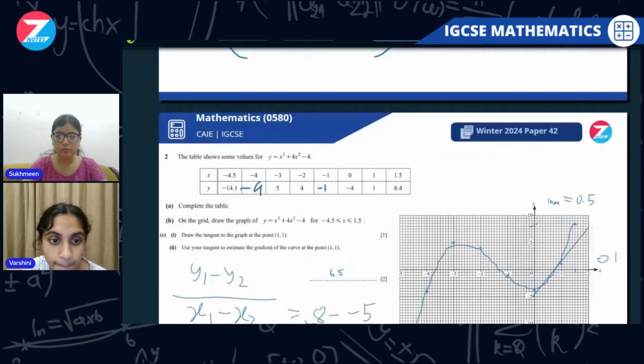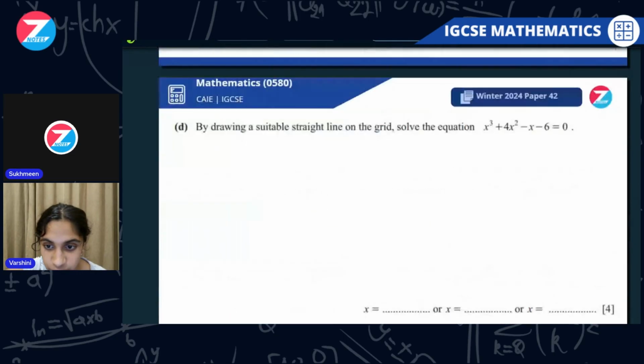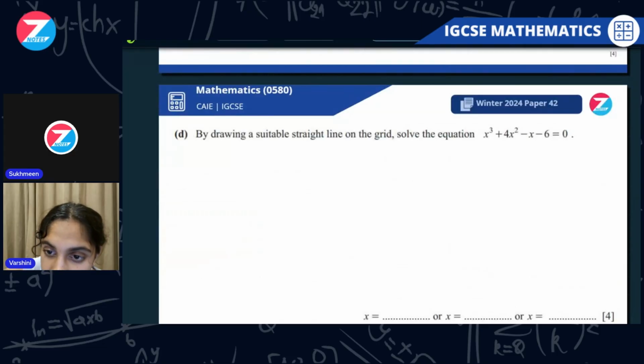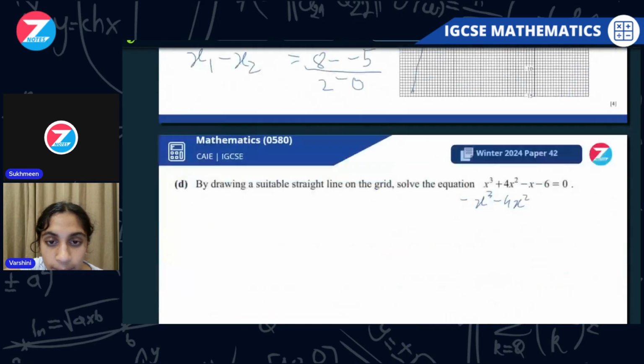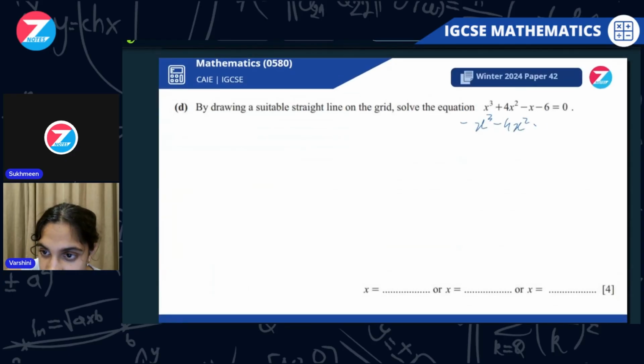So we're going to do minus this equation. So it's going to be minus x cubed minus 4x squared and minus 4, which is plus 4. Now when we subtract these, we're just going to get minus x minus 2.